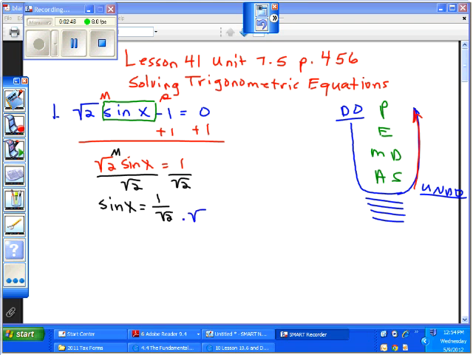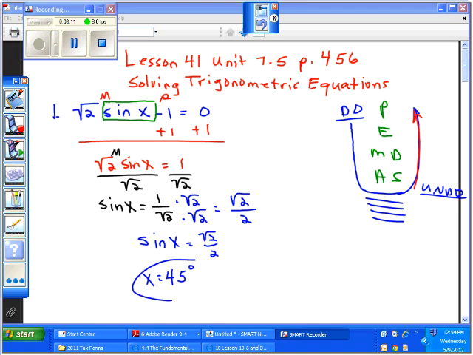We rationalize by multiplying the numerator and denominator by the radical denominator, and we get square root 2 over 2. And so we're thinking, the sine of what is square root 2 over 2, and we know that that is 45 degrees in terms of degrees. So the principal value of x that would make that true is 45 degrees.